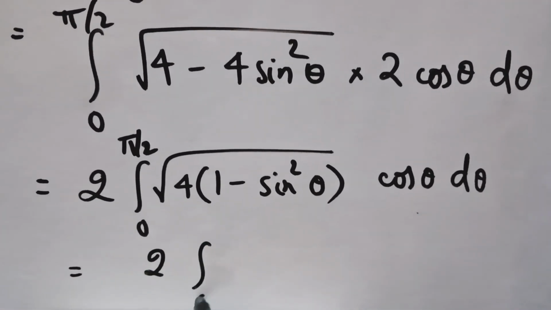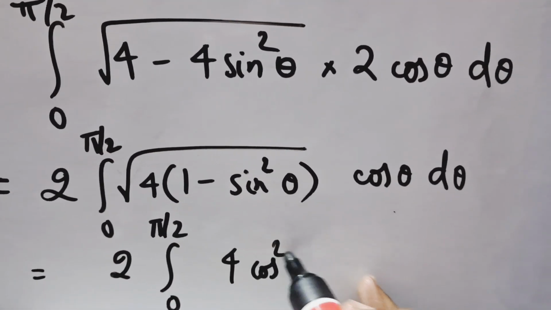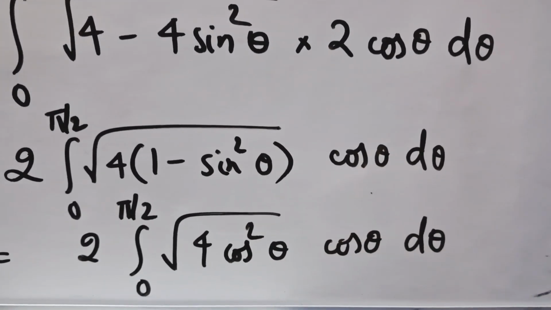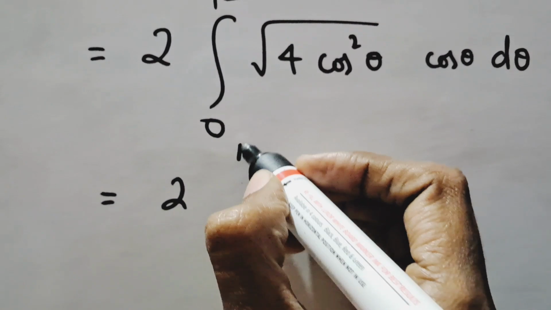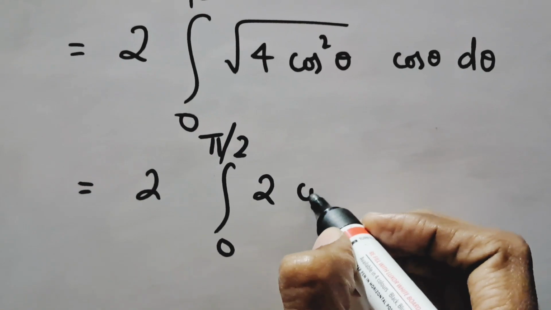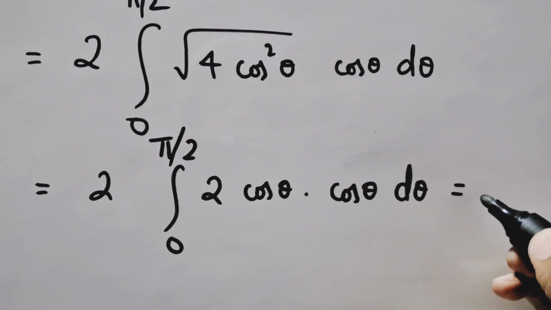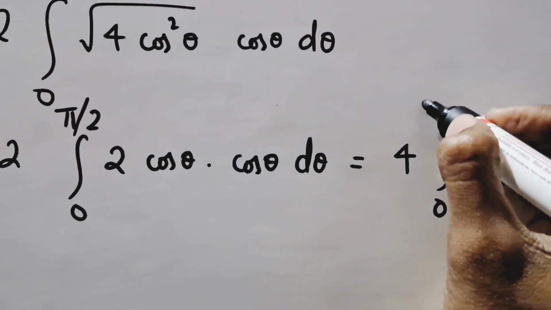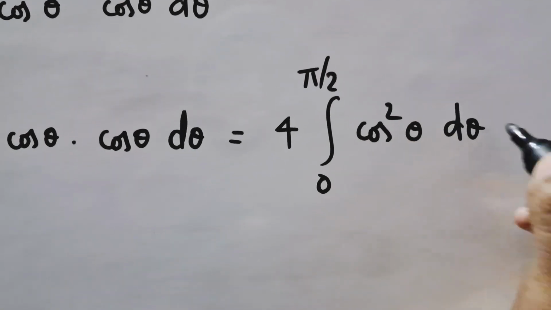So 2 times the integral from 0 to pi by 2 of square root of 4 cos square theta, which is 2 cos theta, again cos theta d theta. Simplified further, 2 gets outside, so it will be 4, integral from 0 to pi by 2 of cos square theta d theta.